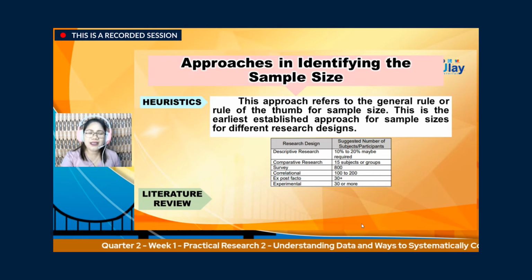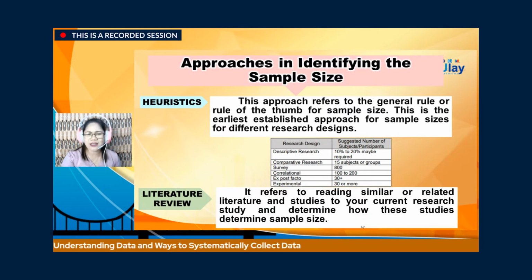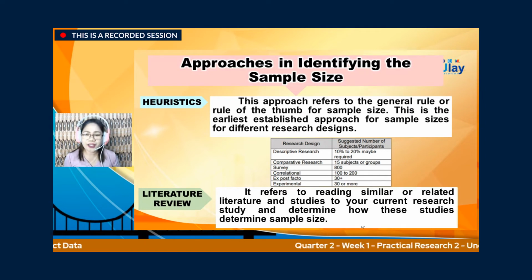And of course, literature review is also one of the approach na pwede nating gamitin. So what is this? This refers to reading similar or related literature and studies to your current research study, in which we can find yung mga ideas doon sa kung gaano karami ang samples na ginamit nitong research na to.